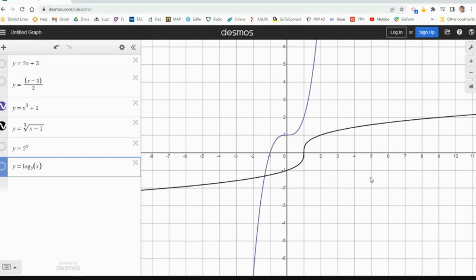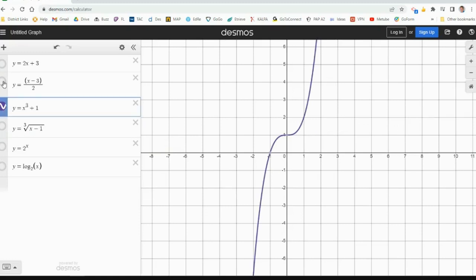Any idea what it would be reflecting over? The origin? Well, if it was reflected over the origin, then this point right here would exist over here also. So that's not exactly it. I like your guess, though.